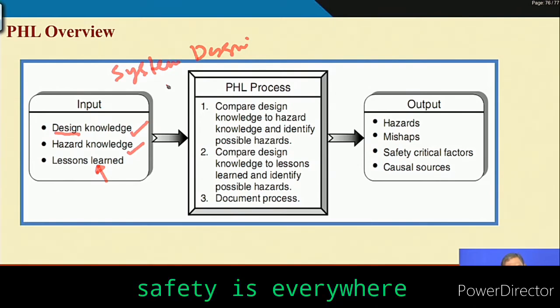Maybe you have already designed a similar system, or your company has one. When you talk about design knowledge, you have already learned from your previous design. So, that is also lessons learned. All those things you must have. Unless you have these inputs, it is very difficult for you to do any kind of hazard identification, and as such safety engineering will be impossible for you.